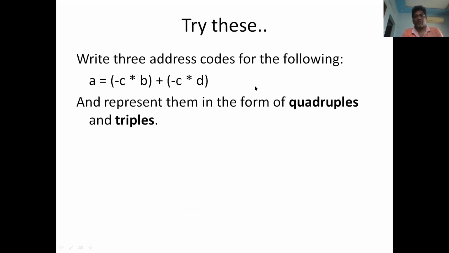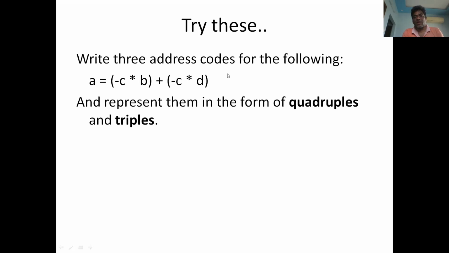Okay, now this is an exercise for you. Try to write the three address codes for this expression: a is equal to minus c into b plus minus c into d. So first write up that three address code representation. You can use any representation, ensuring that the RHS should not contain more than one operator.